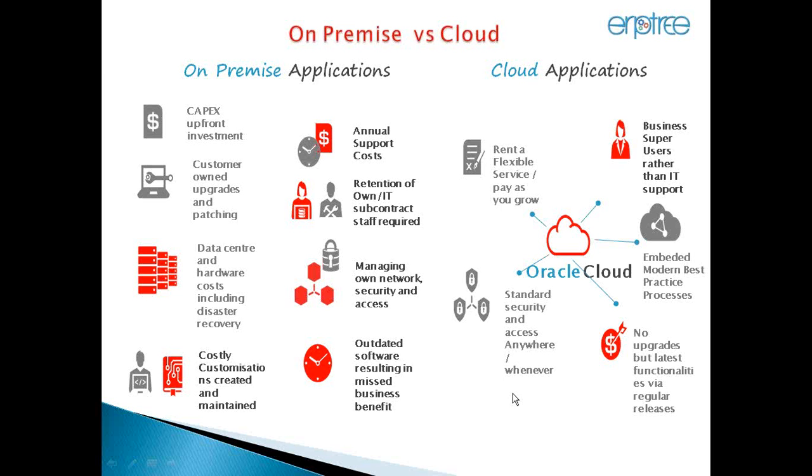In this case, no upgrades, but latest functionality via regular releases. The security, network, and everything Oracle will take care of. Here, it's just a rent-based subscription, a flexible service, pay as you grow. If you need more subscriptions, pay an additional amount and use accordingly. So that's how these two are completely different.